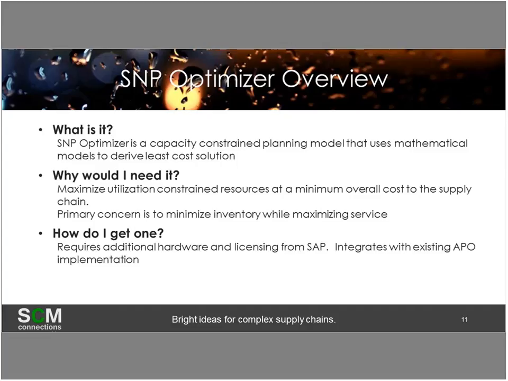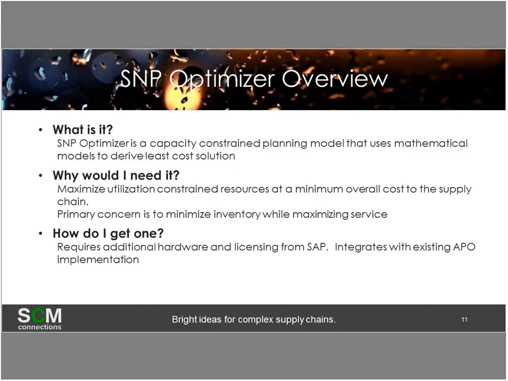Now, why would you actually need this thing? The heuristic gives me orders. It's orders to meet demands. I don't know why I would need an optimizer. The biggest issue that people solve with an optimizer is when you have a very limited set of assets, or very high demand signals, and you need to find a way to minimize the total cost to your supply chain while meeting your stated goals.